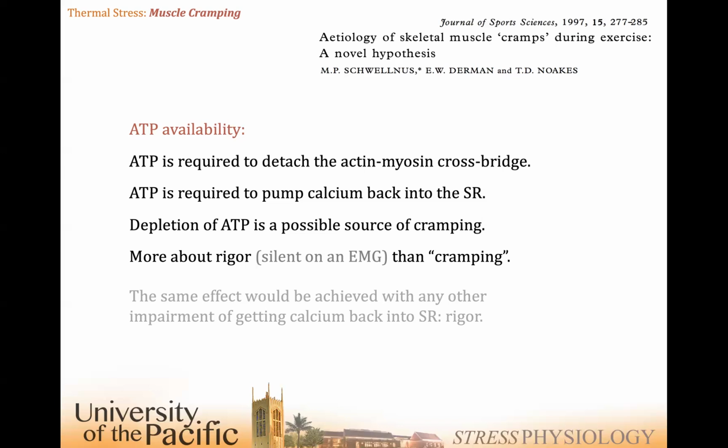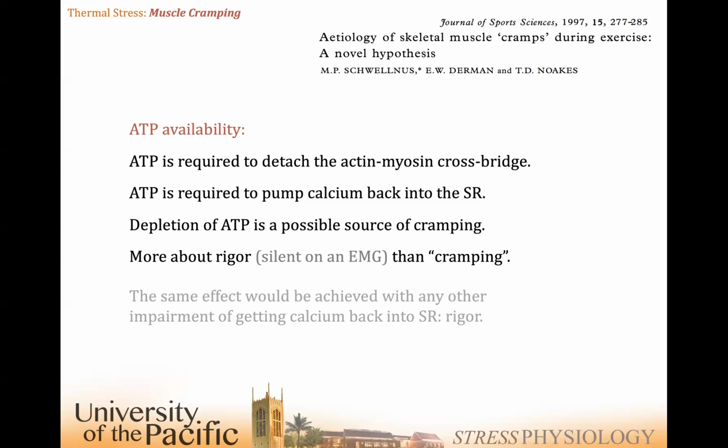To detach, to get that myosin head off of the binding site on actin, you need to transition back to a weak bond. And then they can separate, and you can begin your cycle of cross-bridge cycling. How do you do that? You attach a new ATP. As soon as you attach a new ATP, you transition into a weak bond state and you can detach and hydrolyze it and keep doing your stuff.